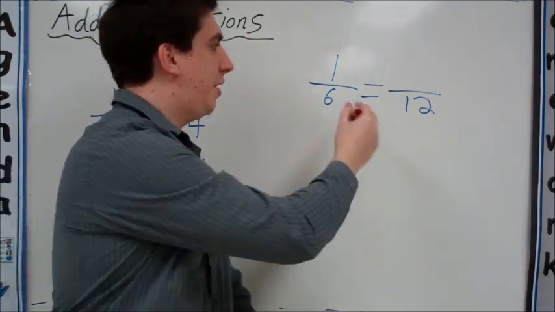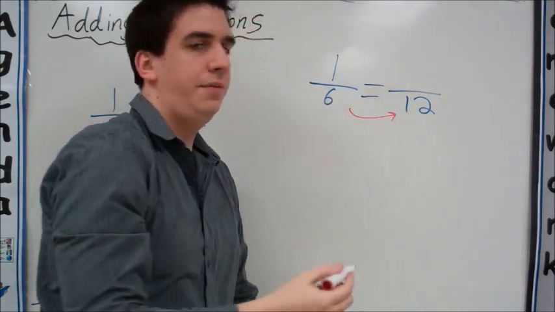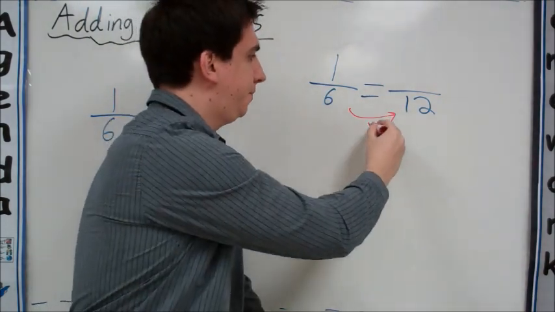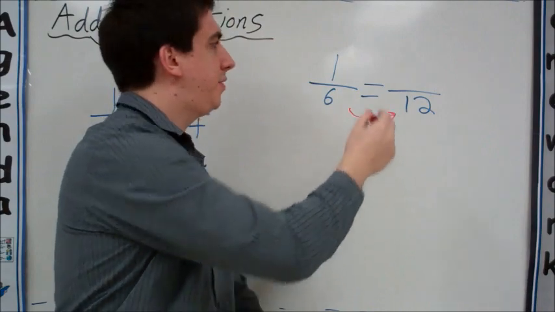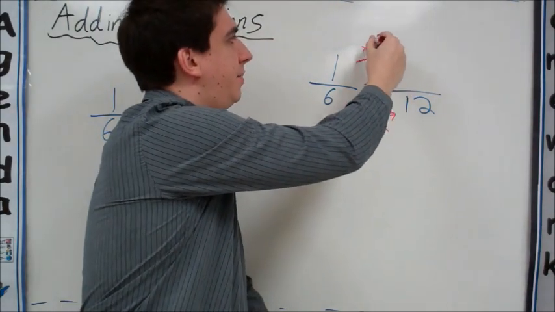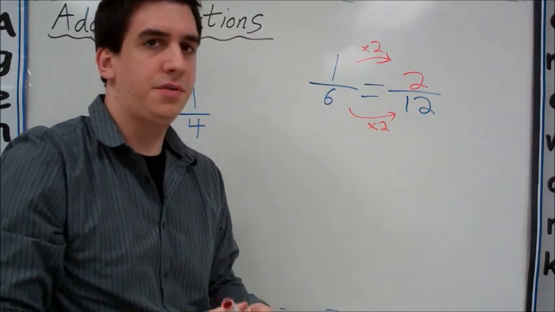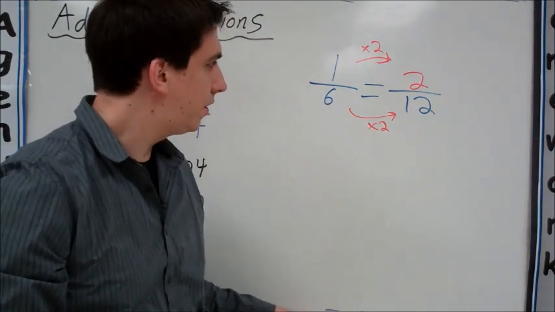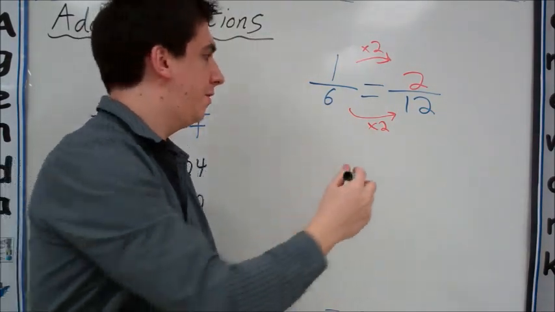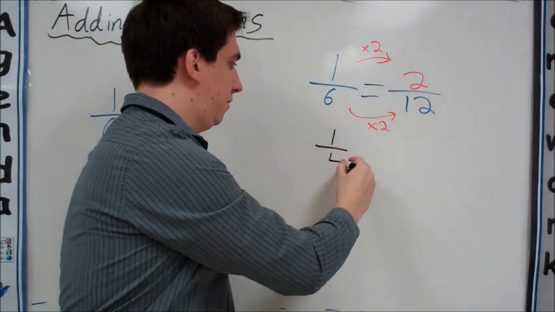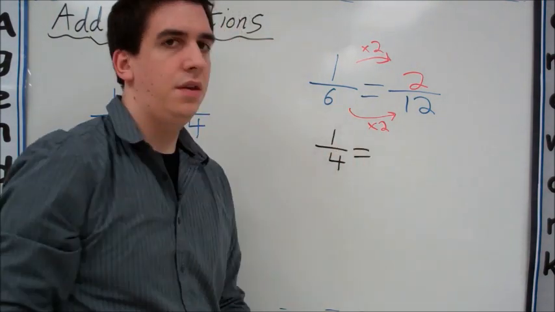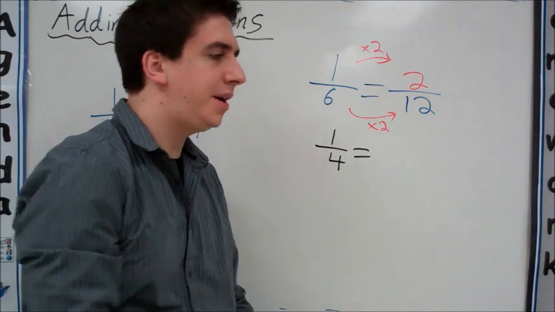To get from 6 to 12, we have to multiply by 2. So we have to do the same to the numerator. 1 times 2 is 2. So we have 2/12. Let's look at 1/4. 1/4 is how many twelfths?